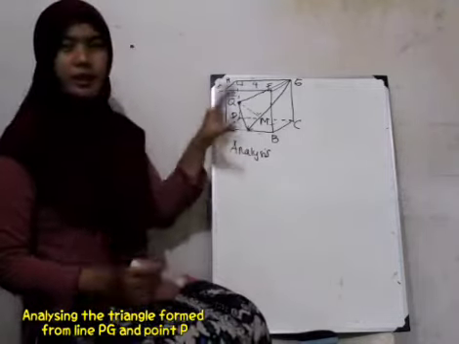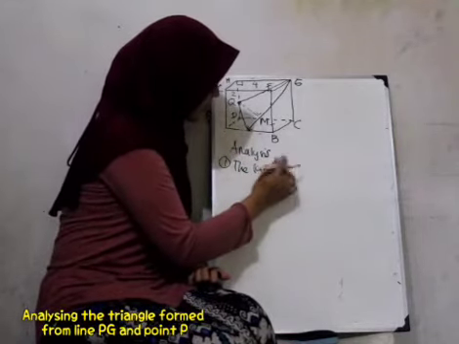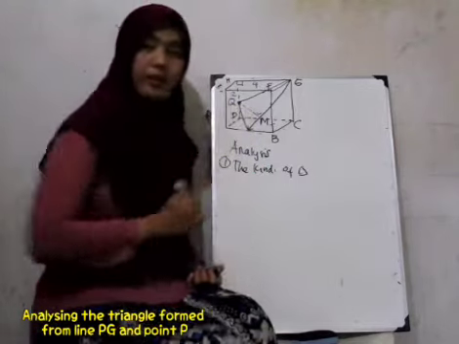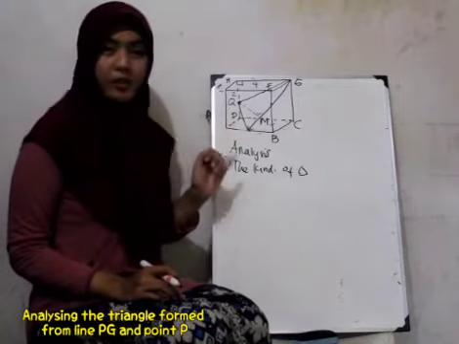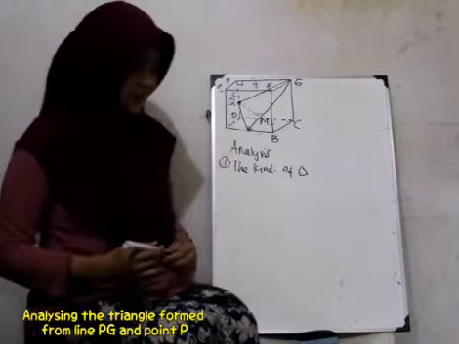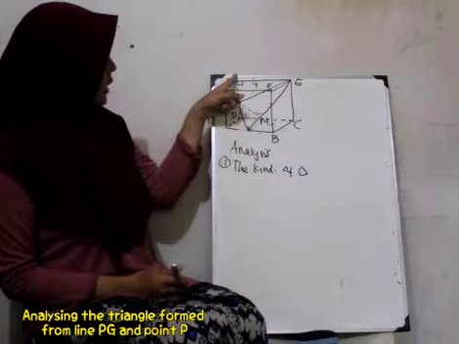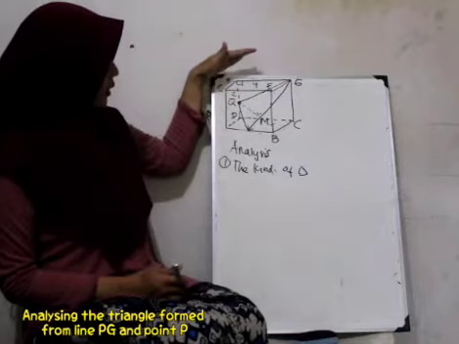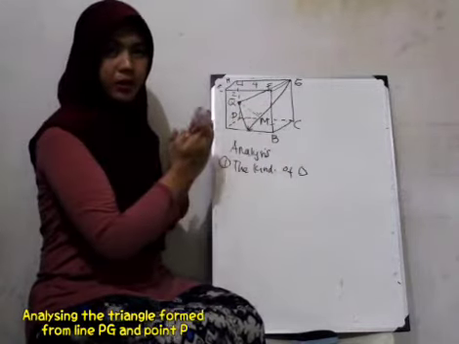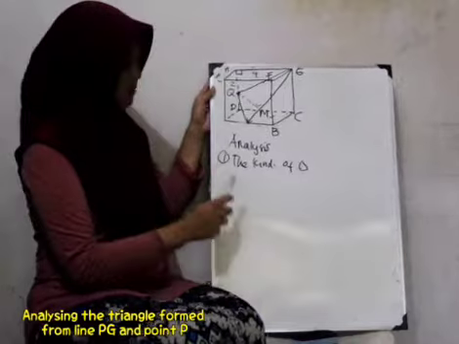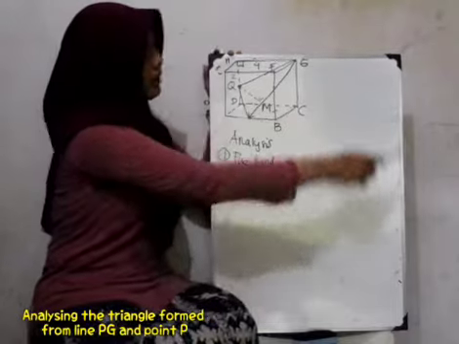Okay, so let's analyze. The first one is the kind of triangle. Is it a right triangle or a non-right triangle? Okay, let's see. So here we have a cube. Here we have G, H, and Q. Or if I enlarge it, it's the side of this cube. Okay, so you see this whiteboard? In the corner here, imagine this is the square.